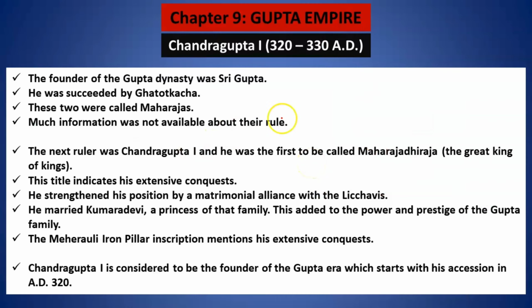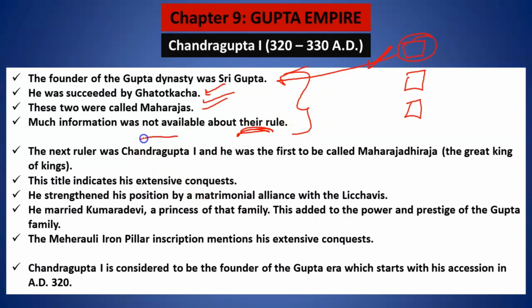Now, let us understand the story, the chronology of this Gupta Empire. Chandragupta I was a very important ruler of this dynasty. But remember one thing, he was not the founder. Who was the founder of the Gupta Empire? Shri Gupta. And then his son was Ghatotkacha. They were known as Maharajas, but not many details are mentioned about them to study.